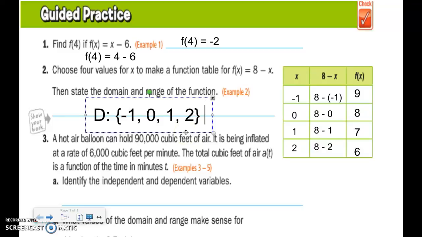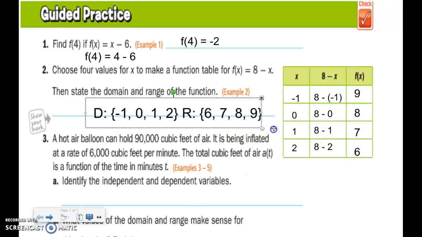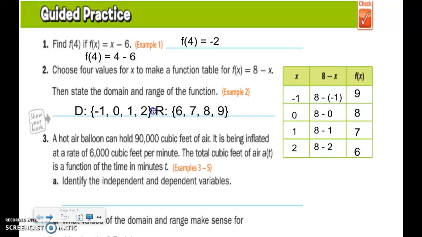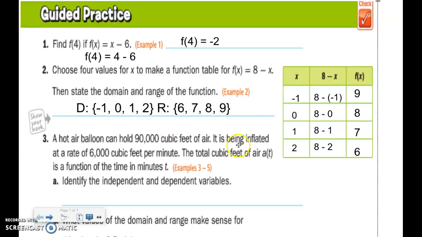And then the range is 9, 8, 7, 6. Actually, you should put these in numerical order also. So 6, 7, 8, 9, least to greatest. And you're good there. Again, it's perfectly fine to abbreviate D for domain, R for range. That's what that looks like.